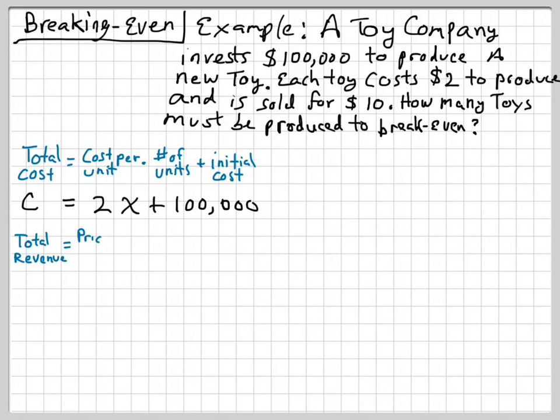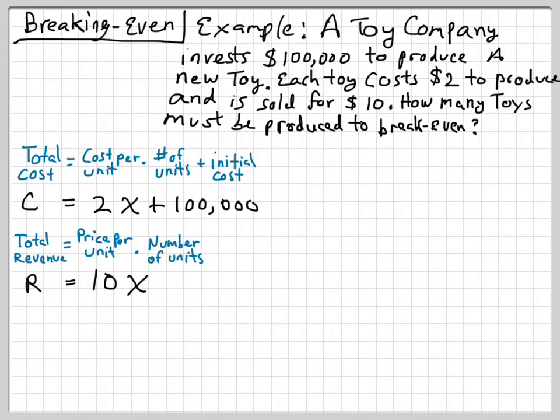The next equation will be that of total revenue. Revenue is the amount of money that the company will bring in. It doesn't include the cost, it's only the money that it brings in.